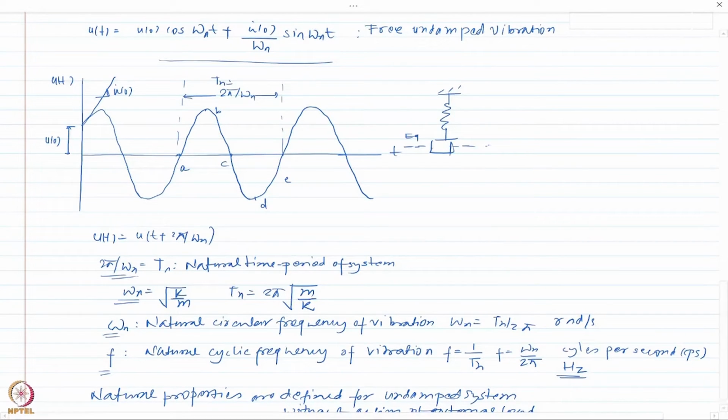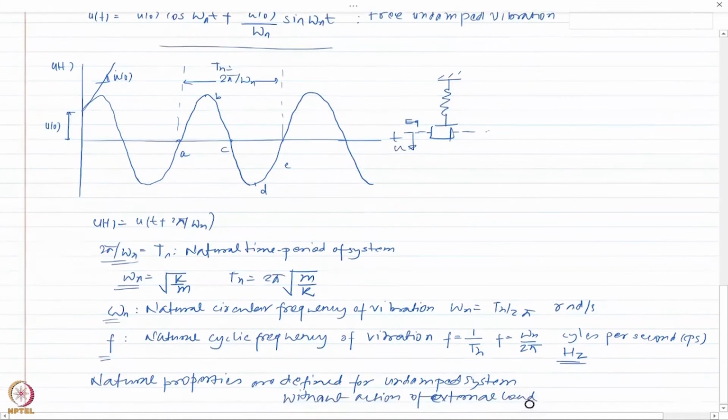So this starts from a value of u, measured from the equilibrium, equal to whatever the initial value is. That would be case A here.